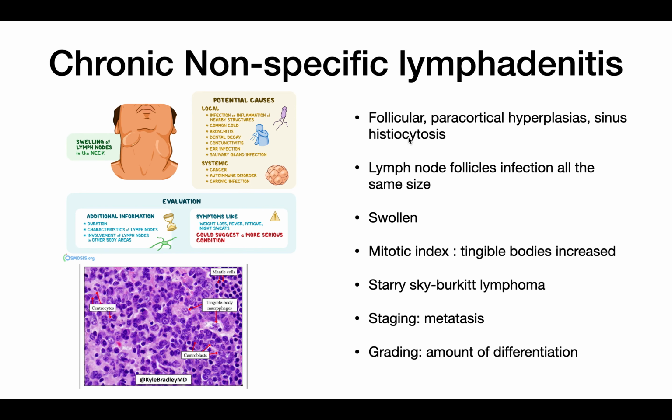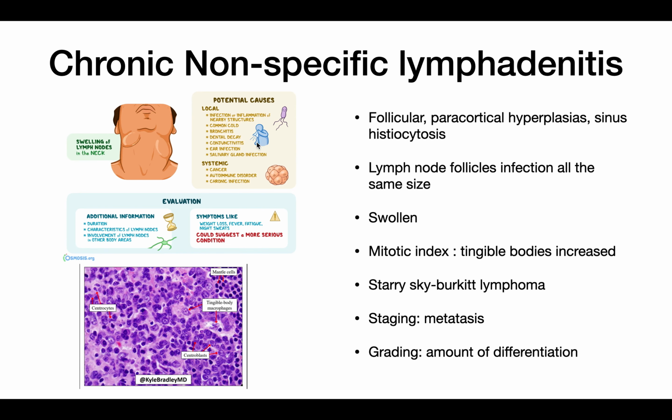So the histiocytes will infiltrate the sinuses of the lymph node. In general, lymph node follicles will all be around the same size in a normal reaction to a plain old infection. There is a problem if they're not of the same size, so that is a sign of cancer.